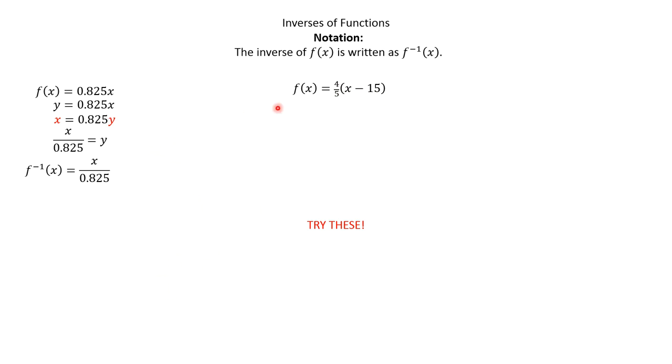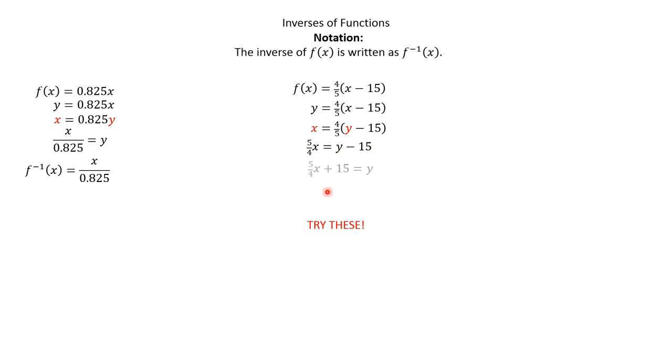And we'll see why. So first step, change it to a y. And then we're going to switch our x and our y's. And now we need to solve for y. The first step in solving for y is going to be multiplying by the reciprocal here. We're going to multiply by 5/4, which would be the same as dividing by 4/5. So we're going to end up with 5/4 x equals y minus 15.